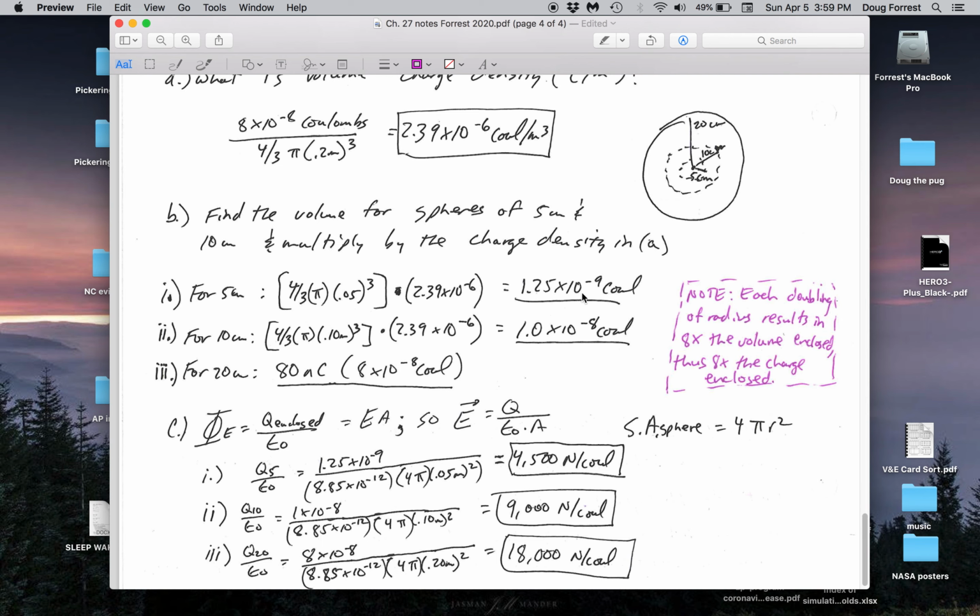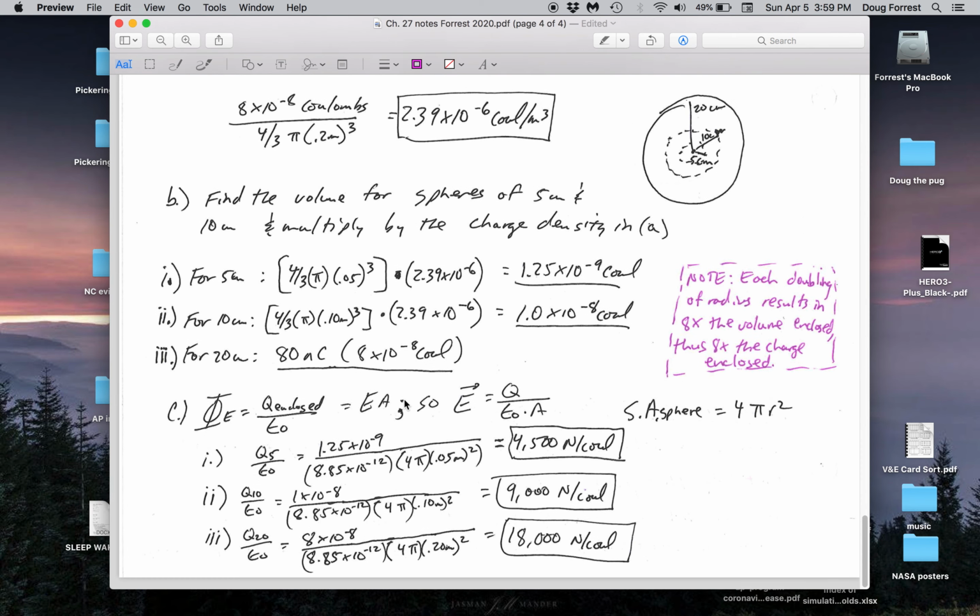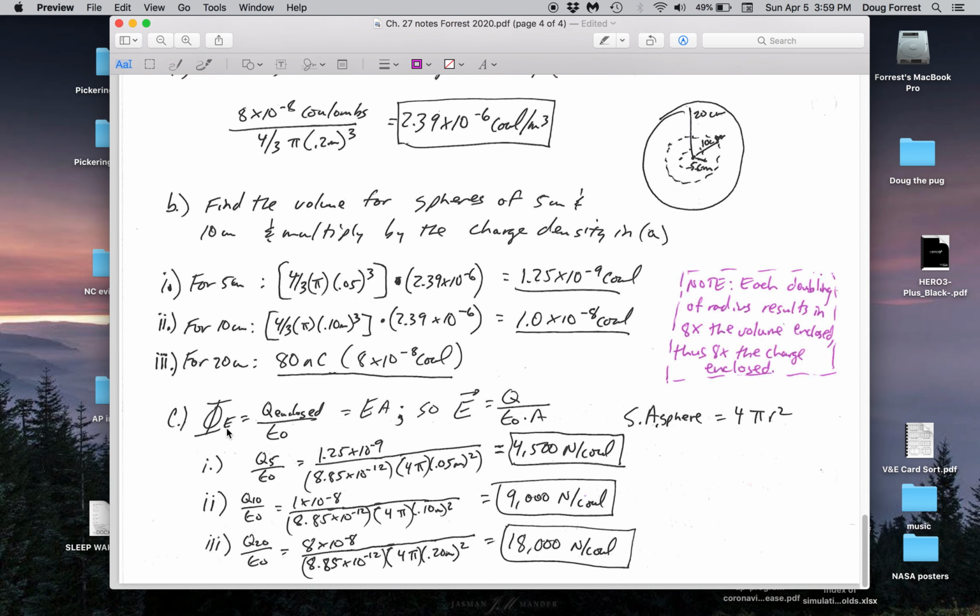So we go from 1.25 times 10 to the negative 9th to 1 times 10 to the negative 8th to down here 8 times 10 to the negative 8th. I guess those are all negative exponents. So to find the flux, that would just be the amount that's enclosed within that area.